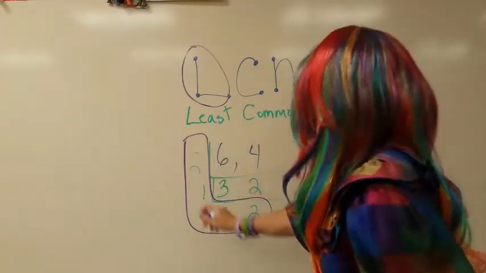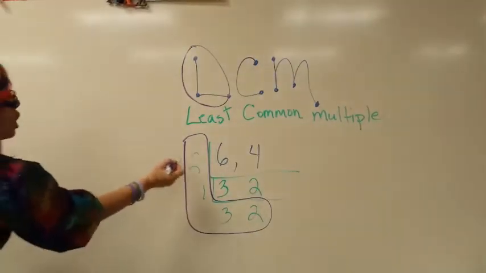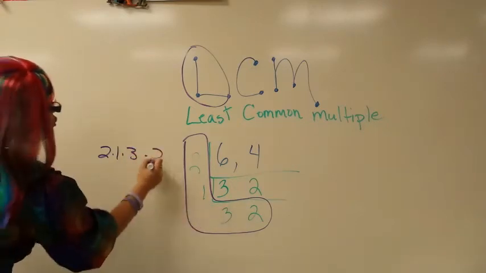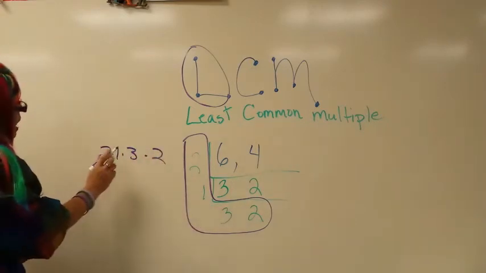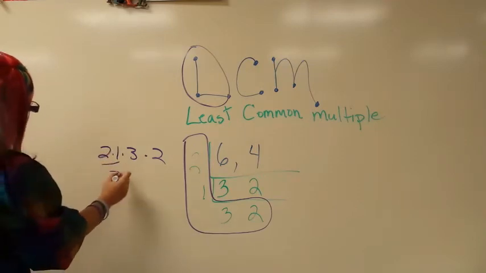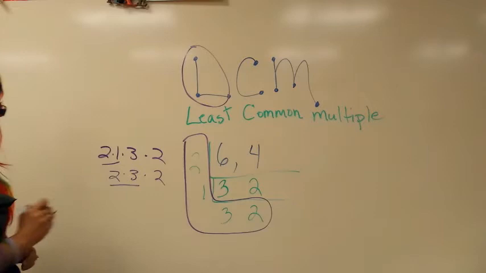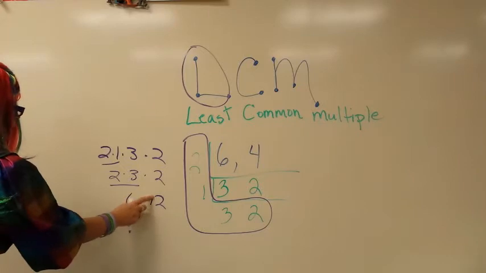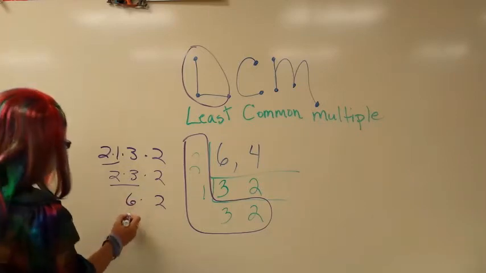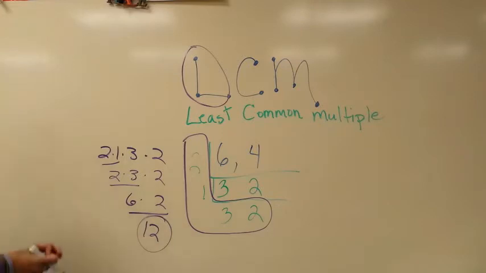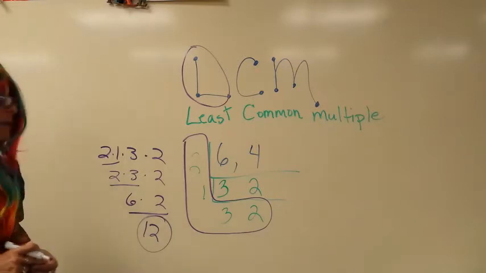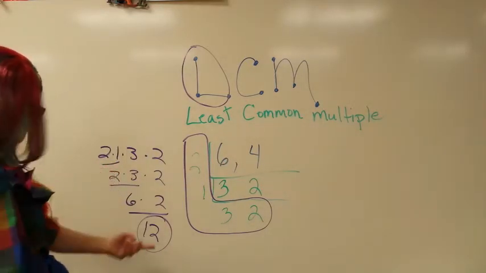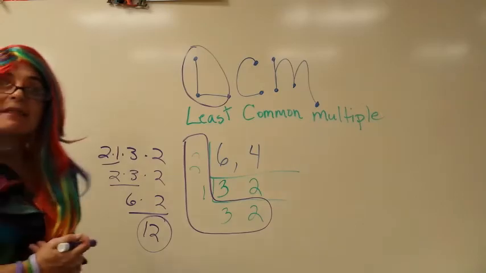So I'm going to come over on this side. 2 times 1 times 3 times 2. 2 times 1 is 2, times 3 is 6, times 2 is 12. So the least common multiple of 6 and 4 is 12 by using the ladder method.